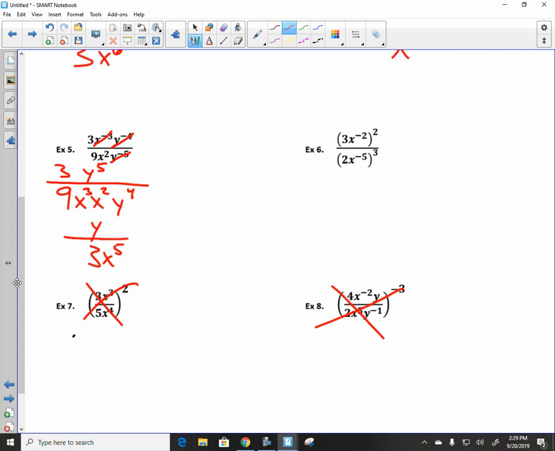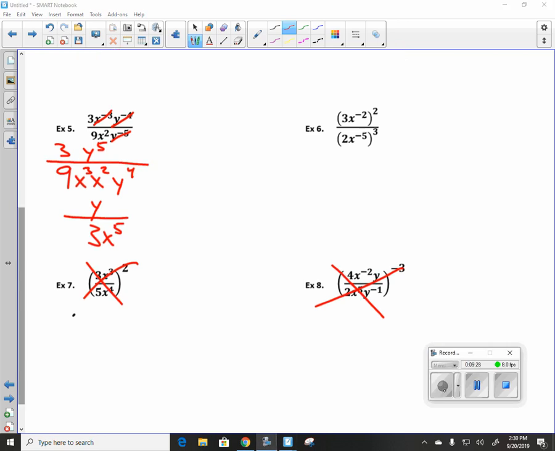Try example 6 on your own. This one's a little tricky. Try 6 on your own, and we'll go over it together. Before I do anything with moving things around, I'm first going to square the top, and I get 9x to the negative 4. And on the bottom, 2 to the 3rd is 8, x to the negative 15.